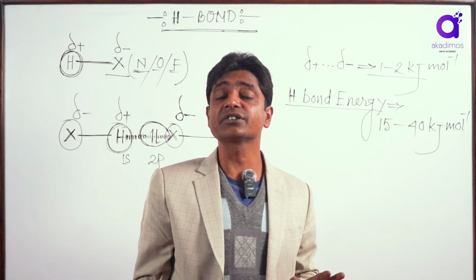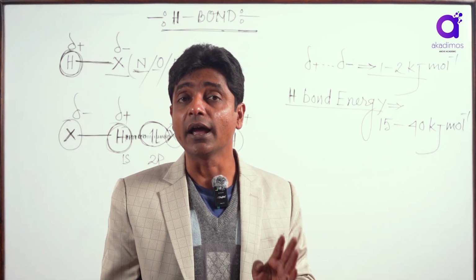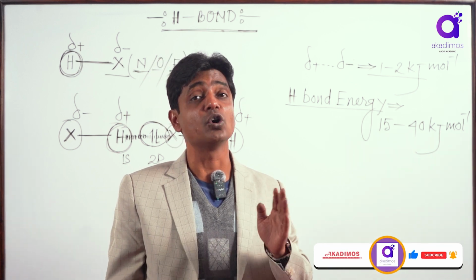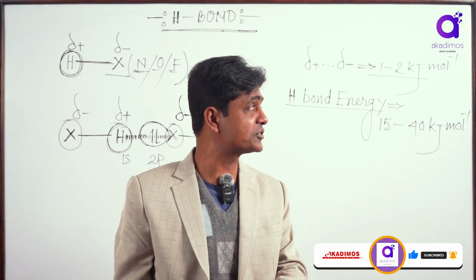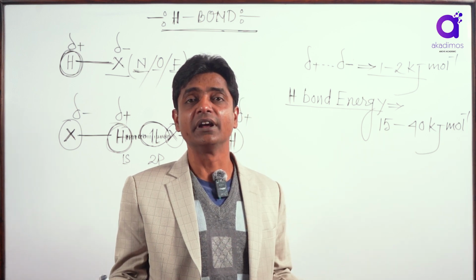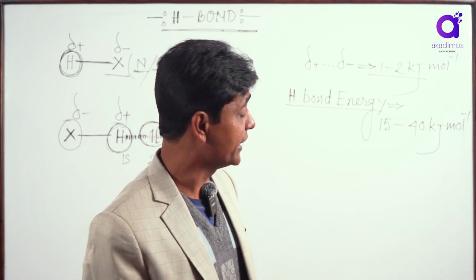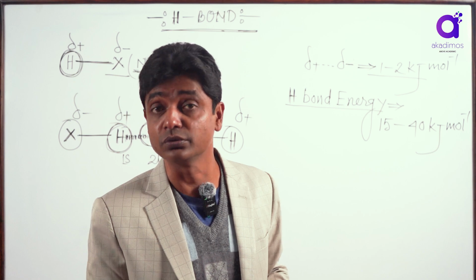Hydrogen bond forms along a particular direction, since there occurs overlap, partial covalency, and due to that partial covalency, energy is too much high, 15 to 40. And if we consider this hydrogen bond, then we will be able to correctly explain different properties of the molecule.